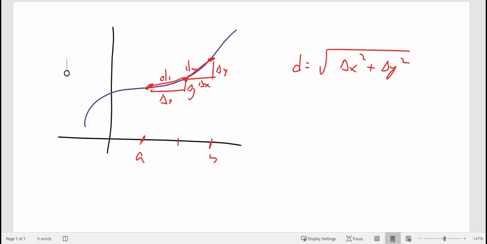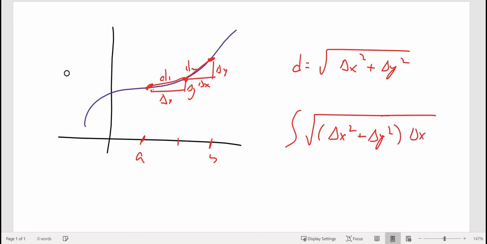Okay, so if we integrate with respect to x, look at what happens. Okay, we can take, and if we multiply this by delta x squared and we divide each of these by that same thing.